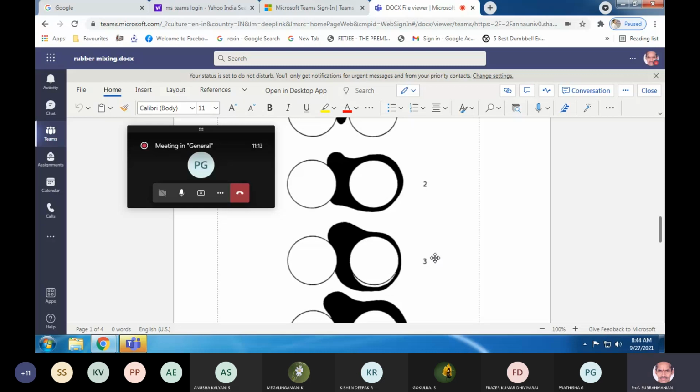For this to happen, shearing is necessary. Shearing should not be to the level where it can degrade the rubber. One. And two, shearing also adds to the energy of mixing.